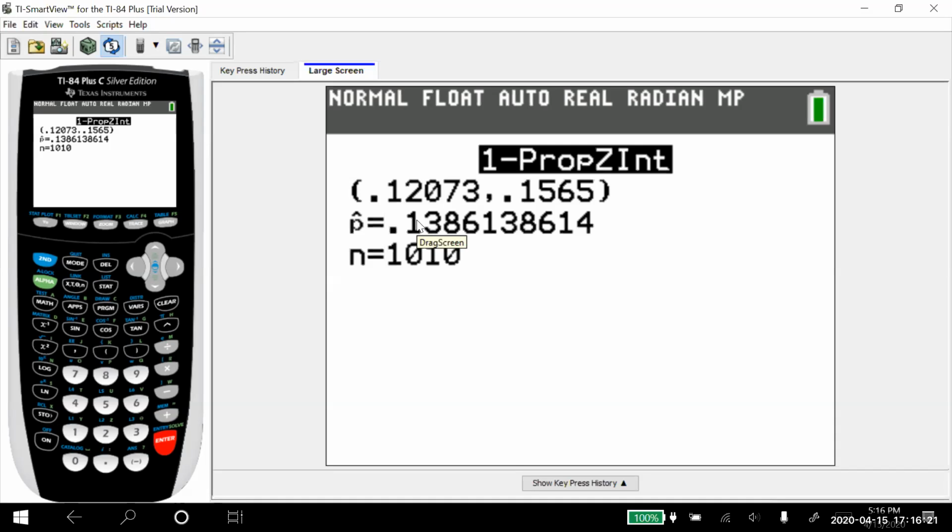And then the confidence interval, we're going to start there. That's the middle of my confidence interval. And then we go to the left and the right, whatever the margin of error is. And that's how we got this 12.07% and 15.65%.